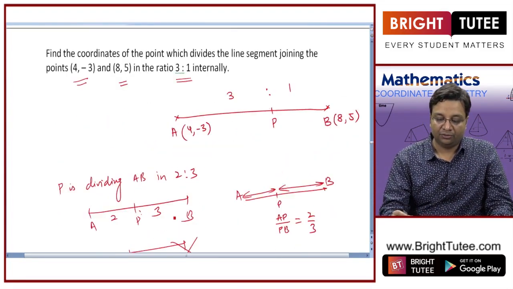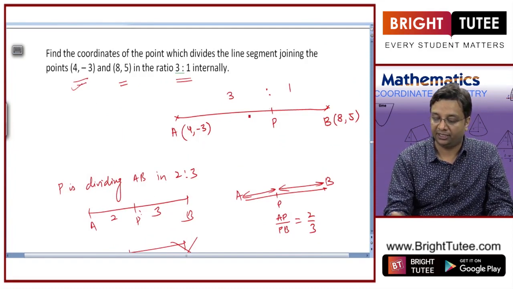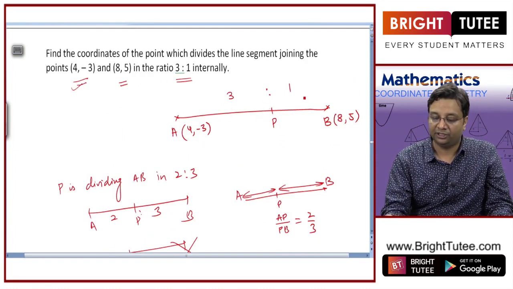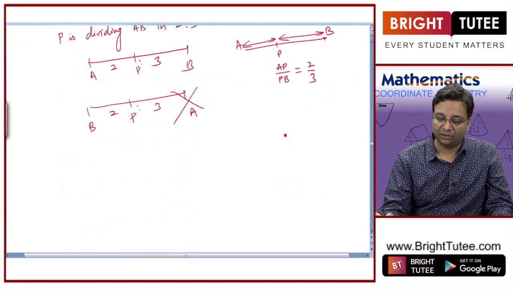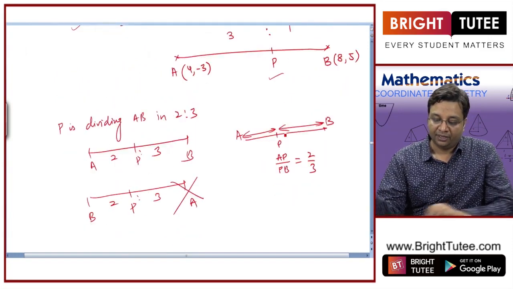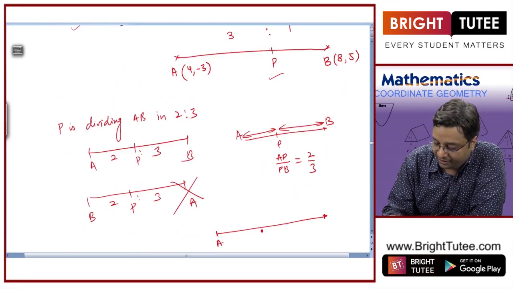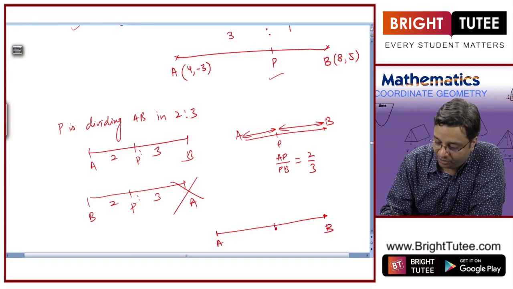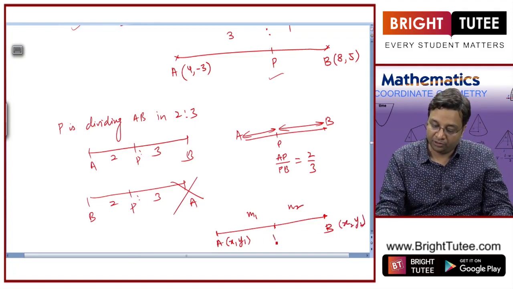If it is mentioned that line segment AB is being divided, then you have to take care of this ratio. So in this particular question, the line joining these points is divided in 3:1, and we need to find the coordinates of point P. See, when we divided a segment AB in ratio m1:m2, with coordinates x1, y1, x2, y2, what were the coordinates of point P?